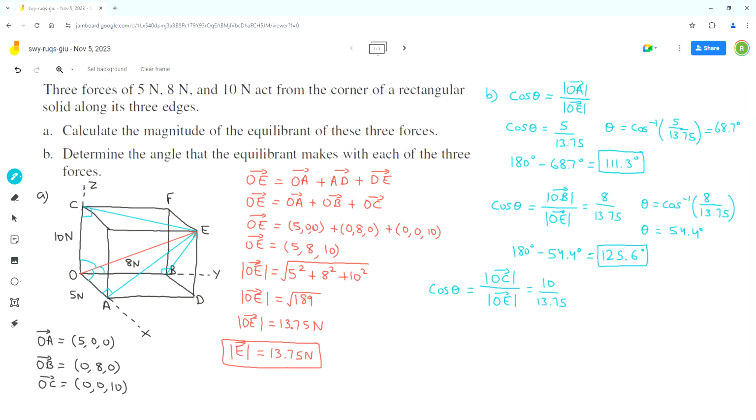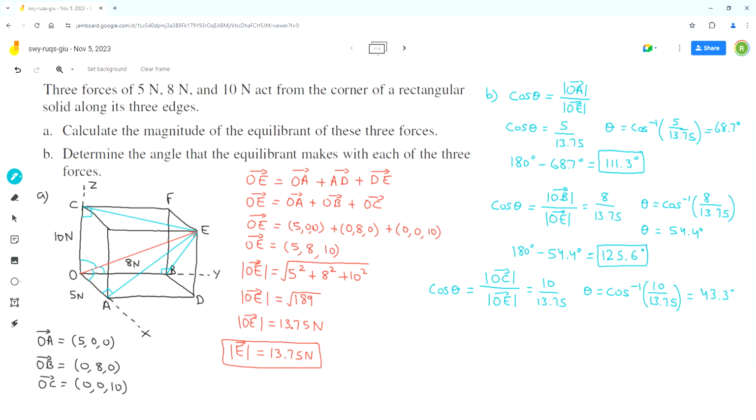Now we can do the inverse of cos. So I got 43.3 degrees. So this is the angle between the resultant and the force acting along the edge OC. Now we can find the angle between the equilibrant and this 10 Newton force.